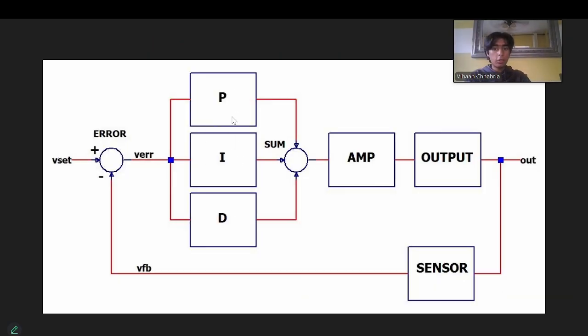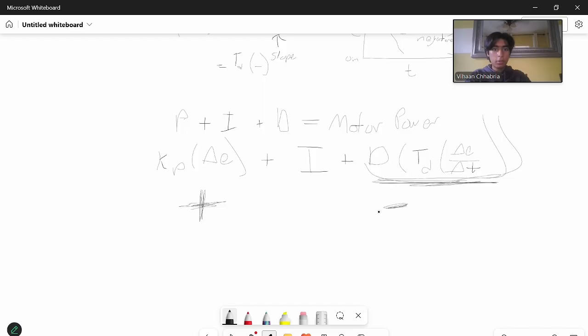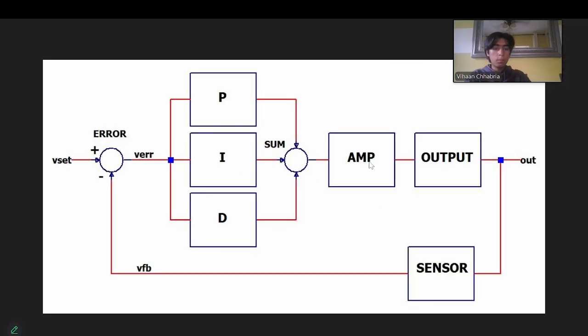The summation of all of that, like we explained here, is then outputted into a motor, and the sensor on that motor will loop back to our initial PID controller and say, now my current position is 50 inches, and before I was recording 40 inches, and our set point is 60 inches.